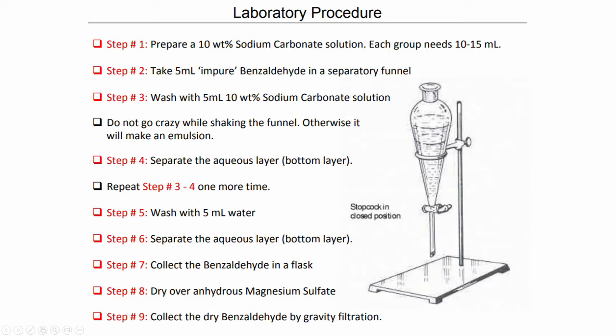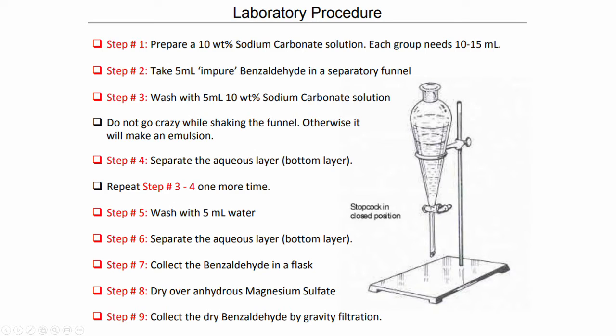Once you make this sodium carbonate, you would take 5 mLs of that benzaldehyde from our stock solution that we know is impure and put it into a separatory funnel, which looks kind of like this. Once we have the benzaldehyde in the separatory funnel, we wash it with 5 mLs of that 10% sodium carbonate solution.